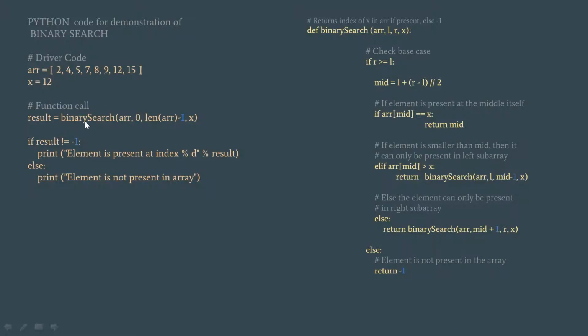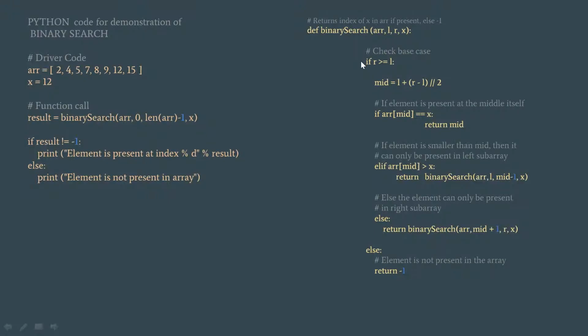Here is where we call the binary search function and store the result. It contains 4 parameters: the first parameter is the array, the second is 0, the third is the length of the array minus 1, and the last one is the element we want to search. These 4 arguments go into the parameters of the function: array, L, R, X.